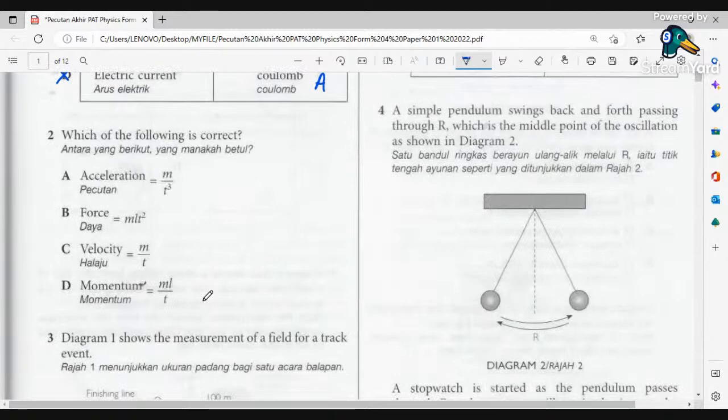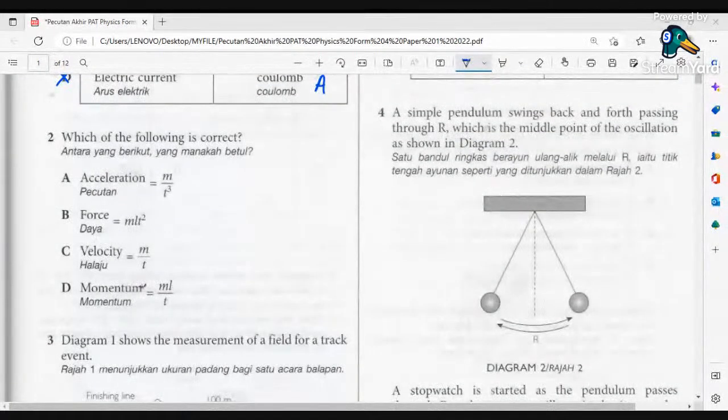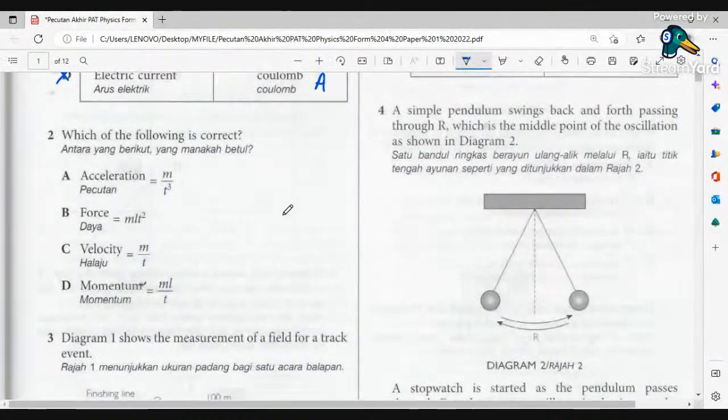Okay, number 2. Which of the following is correct? Mana yang betul? You can look at the symbol here. Actually, this one is showing the combination of base quantity, meaning you state the physical quantities in terms of base quantity.